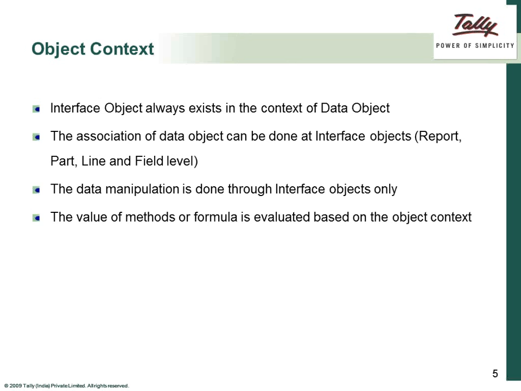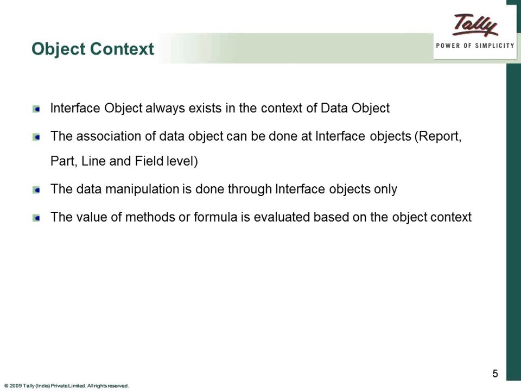Hence, every interface that you see is in context of a data object. So every interface object always exists in the context of a data object. No matter what you see on your screen, there has to be a data context in case a value is retrieved from your database.